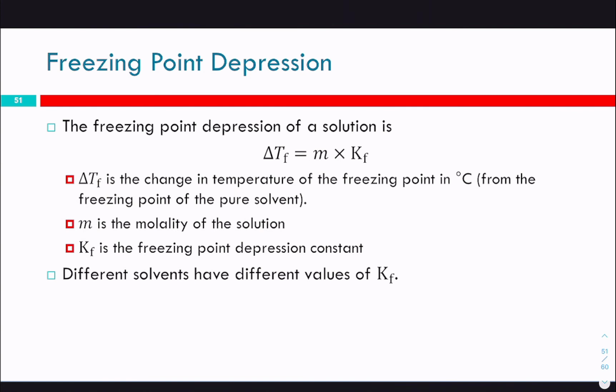I think the one thing that does trip people up with this equation is that this is delta TF, which means that it's the change in the temperature. So when you do this calculation, it's not going to tell you what the new freezing point is. It's telling you how much lower that freezing point is going to be than the normal freezing point.